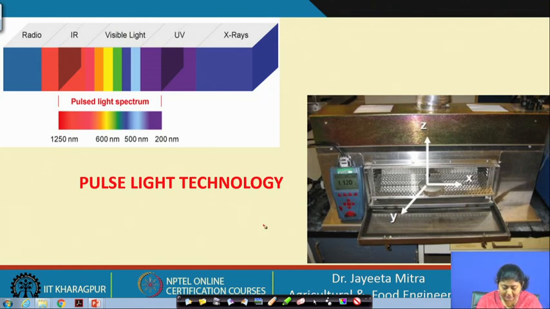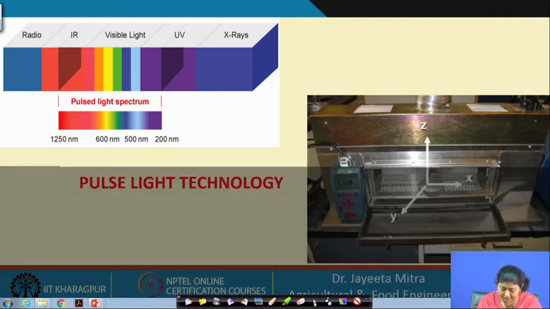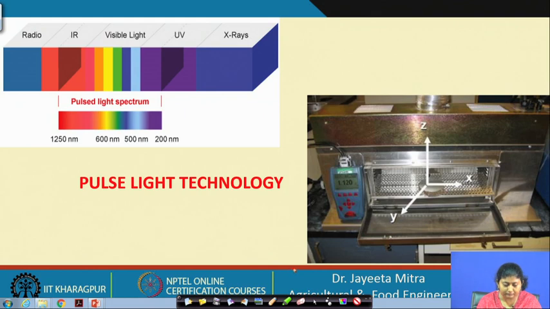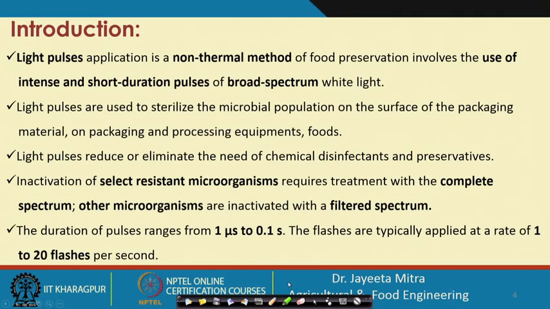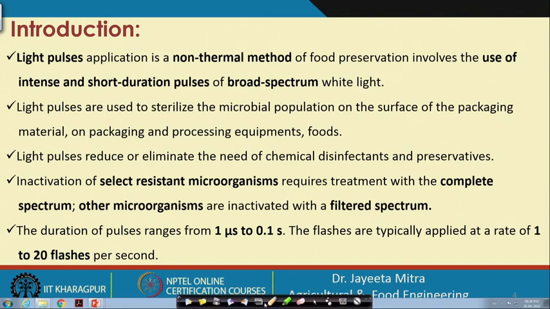So, we will see now what are the parameters associated with it. Light pulse application is a non-thermal method of food preservation, involving the use of intense and short duration pulses of broad spectrum white light.